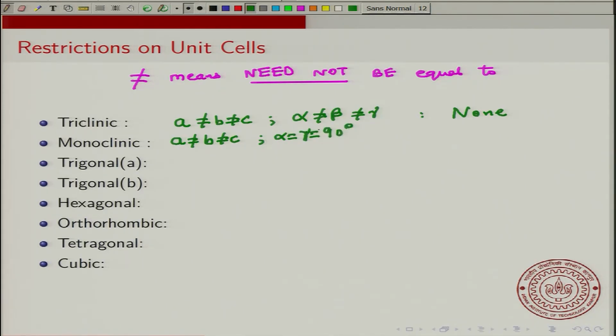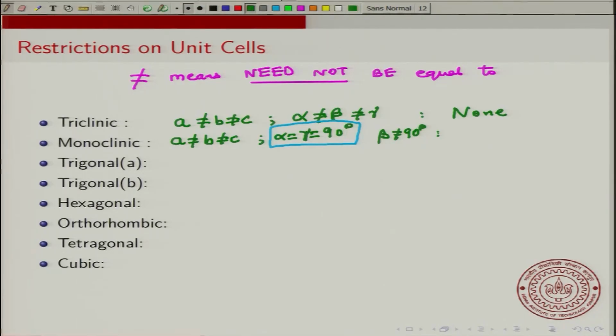So actually this is the only restriction. And beta need not be 90 degrees. So the only restriction is that alpha should be equal to gamma equal to 90 degrees.